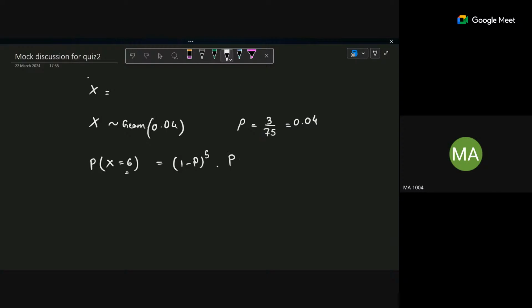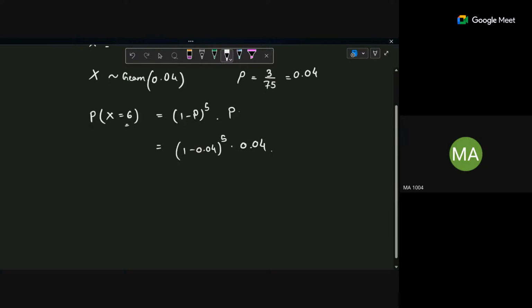The sixth bulb is the first success, so the initial 5 must not be faulty. So 1 minus 0.04 raised to the power 5 into 0.04, that is 0.96 raised to the power 5 into 0.04. And the rest is calculation.